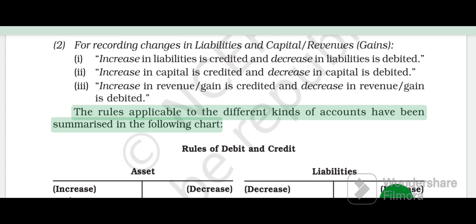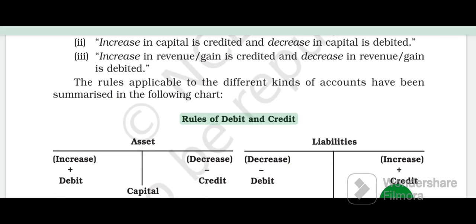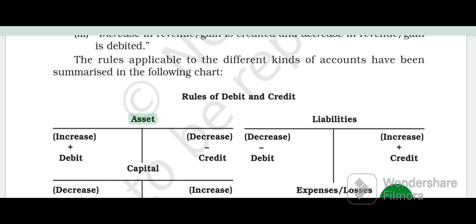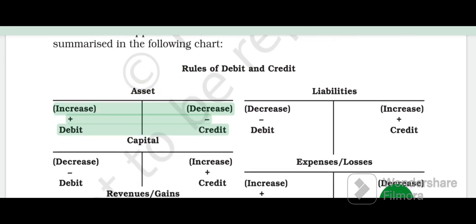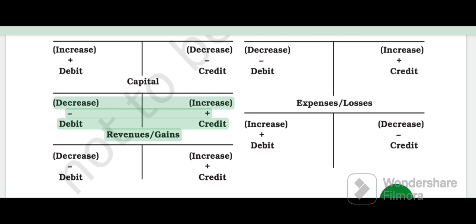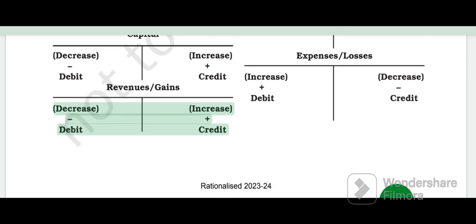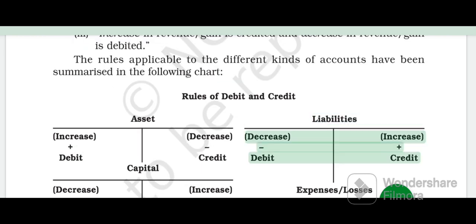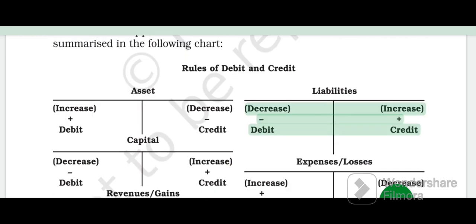The rules applicable to the different kinds of accounts have been summarized in the following chart. Rules of debit and credit. Asset: increase, debit; decrease, credit. Capital: decrease, debit; increase, credit. Revenues, gains: decrease, debit; increase, credit. Liabilities: decrease, debit; increase, credit.